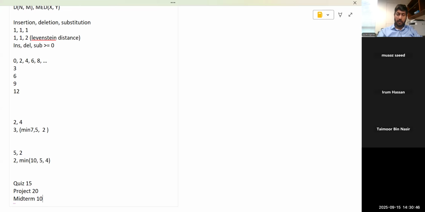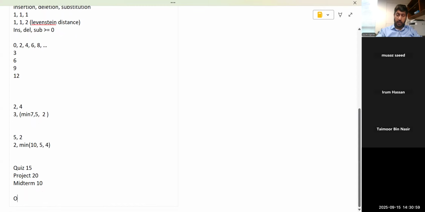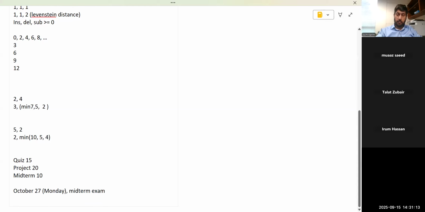सो ओके, एनीवे अभी जो मुझे दो फीडबैक आई है वो यही है कि इट्स ओके, मिड टर्म को मैं बढ़ा दूं और प्रोजेक्ट कम कर दूं, बट आई मे बी प्रॉब्ली डू ए सेपरेट पोल ऑन स्लैक एज वेल। ठीक है। एंड ऑल्सो आई हैव डिसाइडेड कि आपका मिड टर्म अक्टूबर 27 को होगा, दिस इज ए मंडे। ठीक है। So midterm would be on October 27.